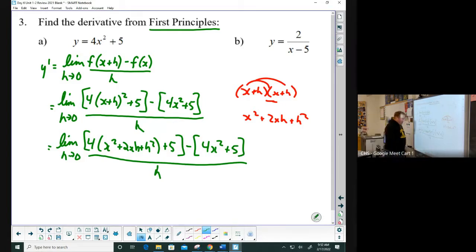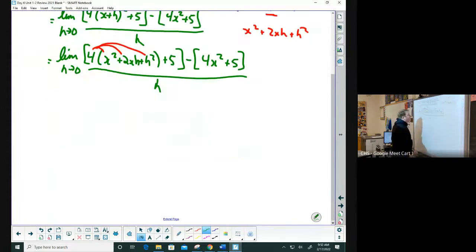Now I'm going to rainbow the 4, excuse me. I only rainbow the 4 within the bracket, so that means the plus 5 is on its own.